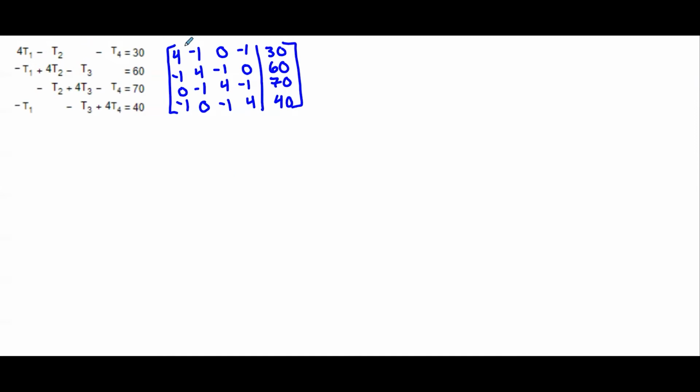And our first goal is to make this top left corner a 1. I could do that several ways. I could divide this row by 4, which I don't really like because it'll make fractions here. So I'm going to actually just switch these two rows. I'm going to replace row 1 with row 2, and let's multiply row 2 by -1, and that will get rid of the negative sign.